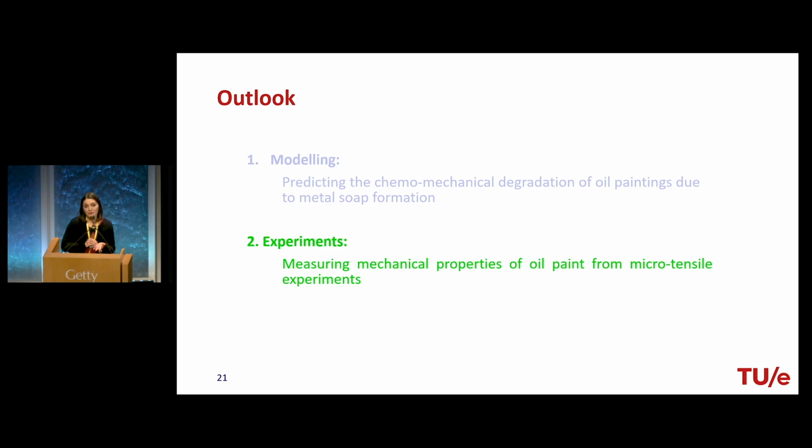But I say microscale because, despite it being very relevant to study mockups, it's also important, ideally in the very long term, to be able to do these tensile experiments on original samples at a very small scale. So this is the goal of the methodology that we are developing: to miniaturize tensile experiments, to possibly analyze original samples in the future.